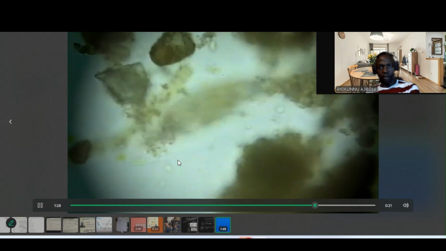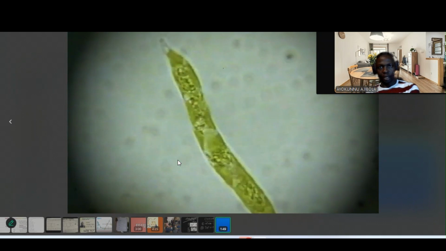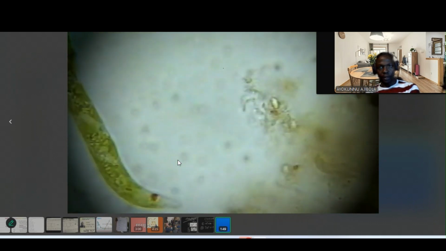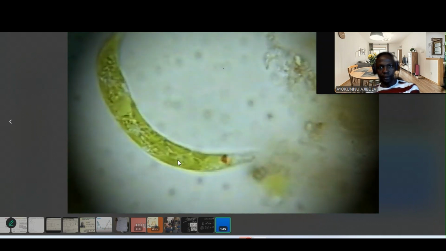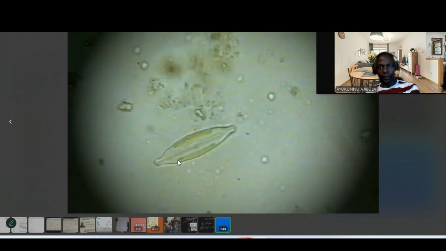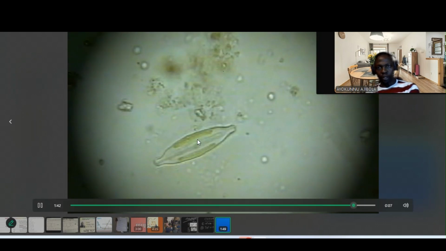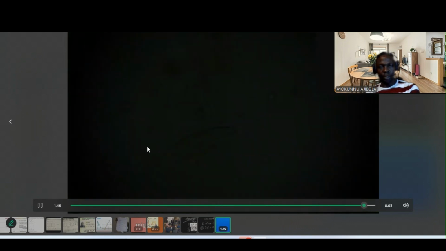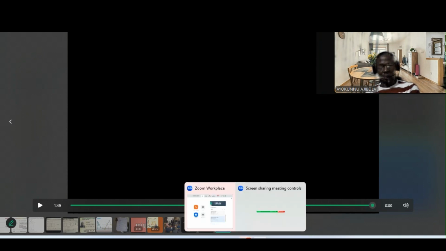Then the one roaming about there should be amoeba. Then probably euglena. I don't know, this should be the euglena or amoeba. So on this one, maybe you cannot really identify what this one is. Is that clear? Okay.